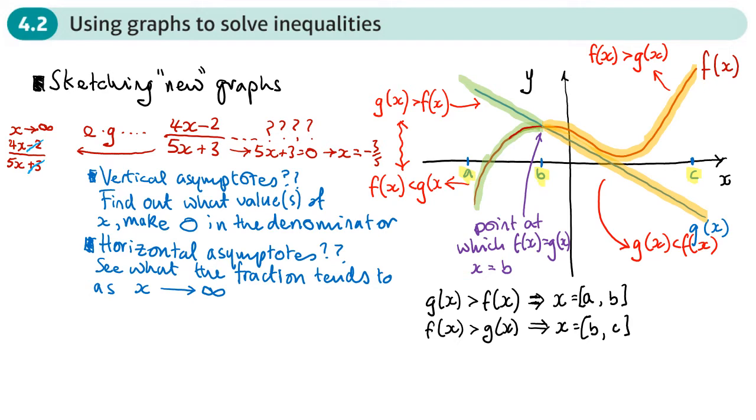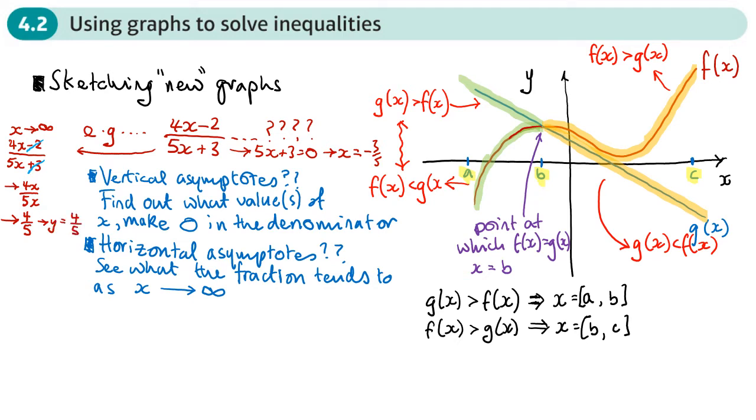So this is going to tend to 4 times a very big number divided by 5 times a very big number, and basically that tends to 4 over 5. So that's where my y asymptote would be. So I would then write y equals 4/5.